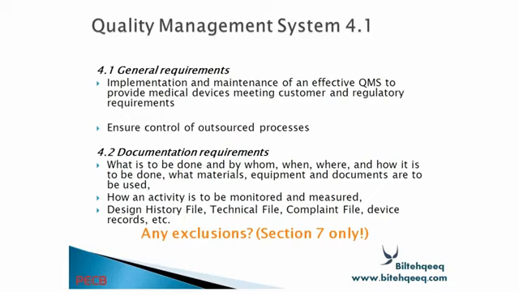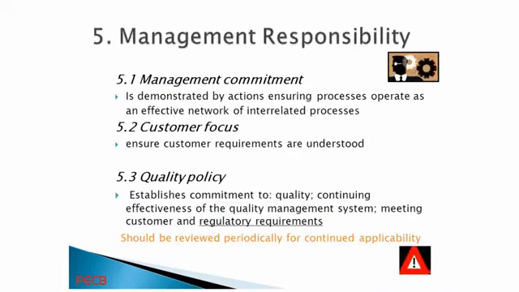And section 5 is management responsibility, and management responsibility starts with the management commitment, same like the ISO 9000. Management commitment is demonstrated by actions ensuring the process approach as an effective network of integrated processes. And 5.2 is the customer focus, ensure customer requirements are understood.